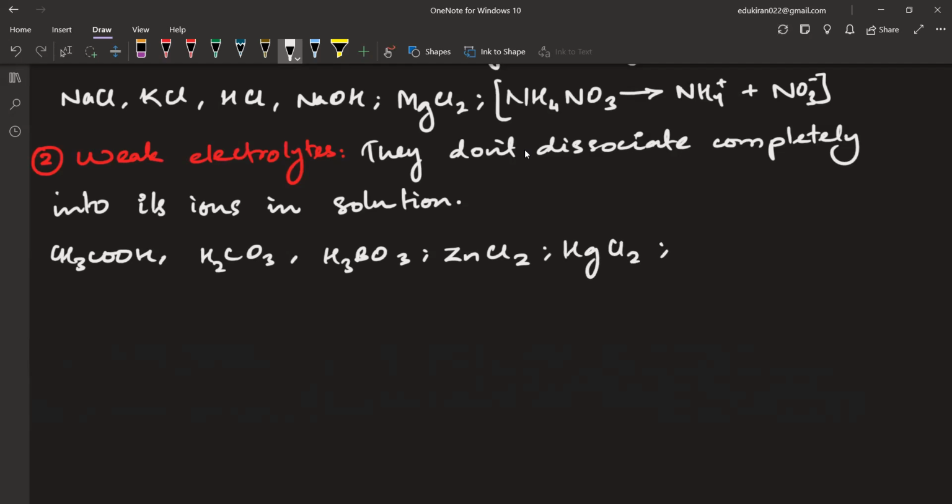HgCl2 is there. Weak acid is HCN. So they will not dissociate completely. Similar to NH4NO3, we have one more, which is NH4OH. It dissociates into NH4 positive and OH negative, but not completely. So all of these are weak electrolytes.